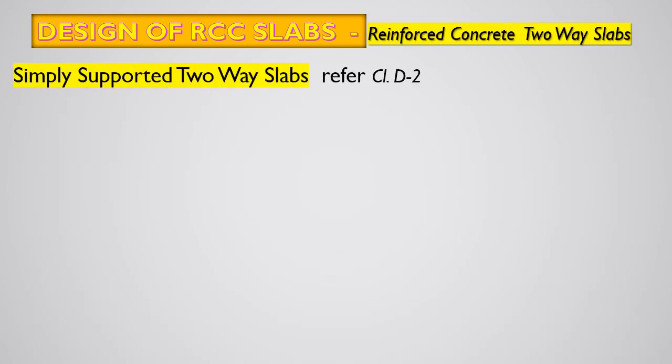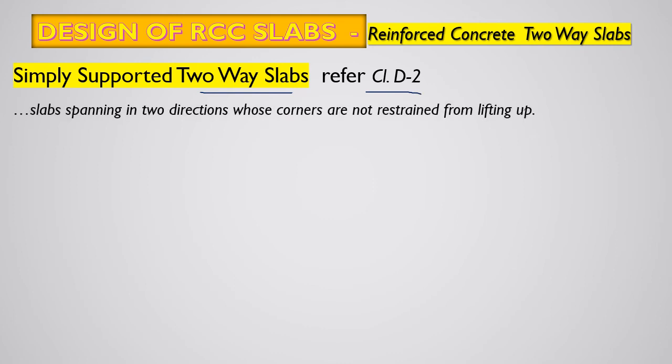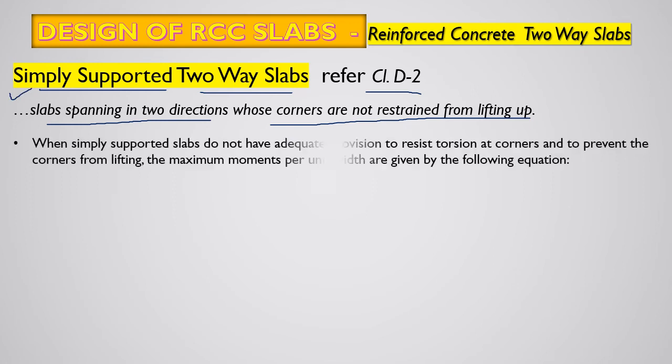Now let us go through the guideline regarding simply supported two-way slab, and we can refer clause D2. So again, first of all, we discuss the slab spanning in two directions. That is, it is a two-way slab whose corners are not restrained from lifting up. So that means it is a simply supported type of slab.